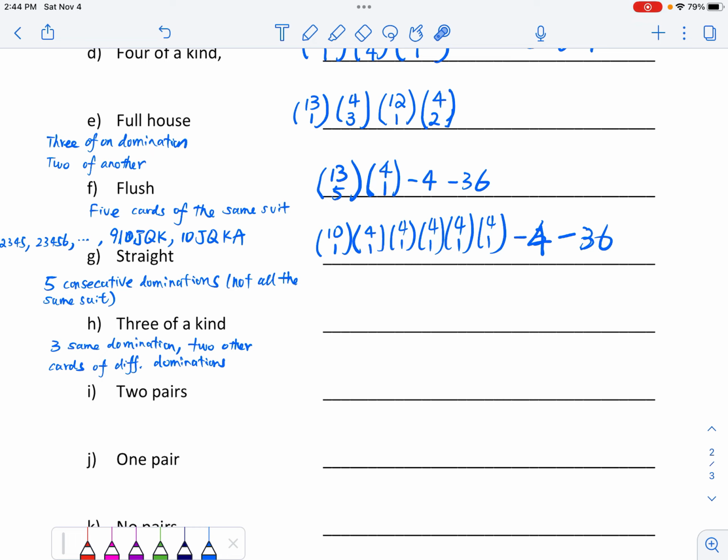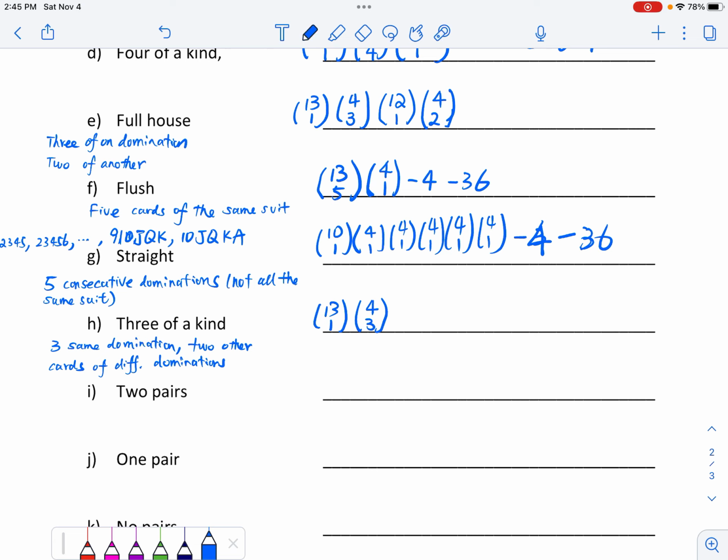Okay, so the correct way to do that is, we first pick a denomination for the 3 cards, right? So I have 13 choose 1, pick one denomination, and from this denomination we have to pick 3 cards out of it to form these 3.